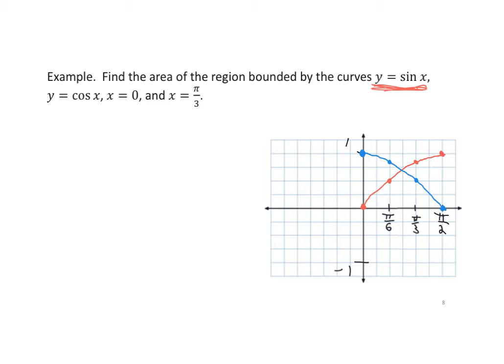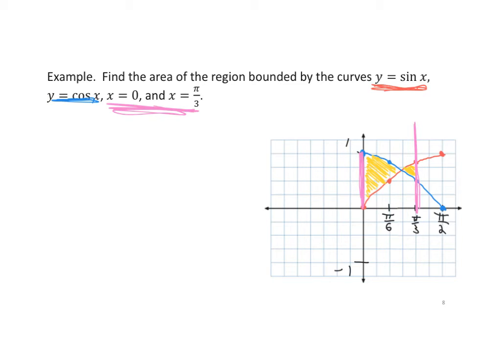And they're asking us to calculate the area of the region bounded by sine x, cosine x, and these two vertical lines. Now, I'm not going to zoom in this time because I think our picture is big enough, but notice we're being asked to calculate this region that I'm shading in yellow.